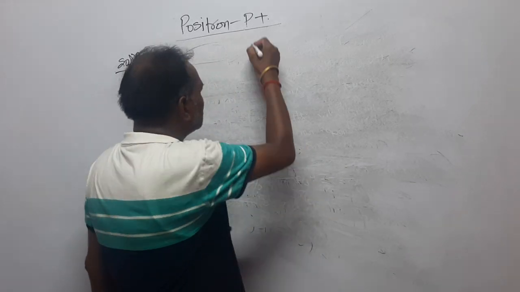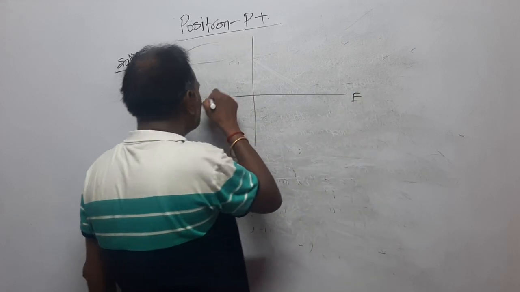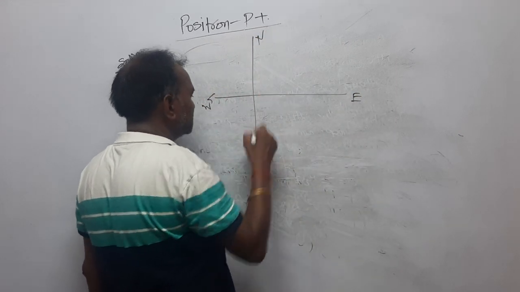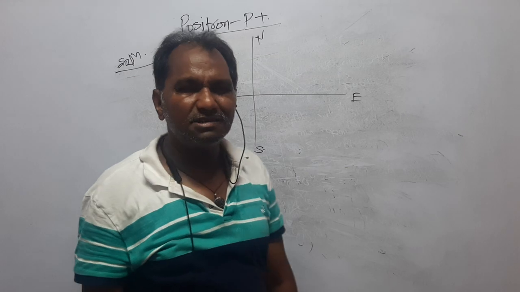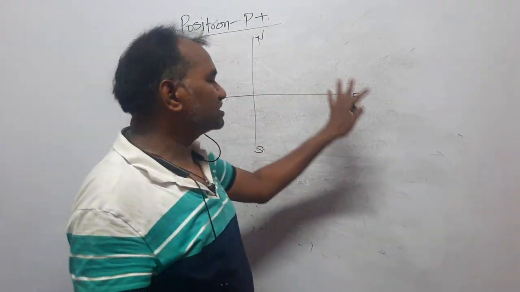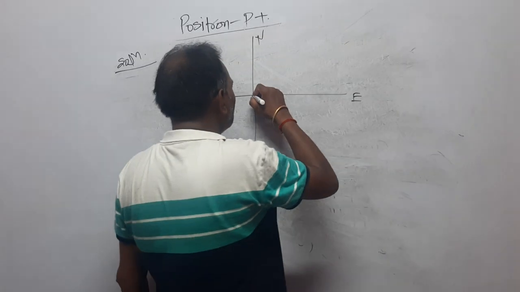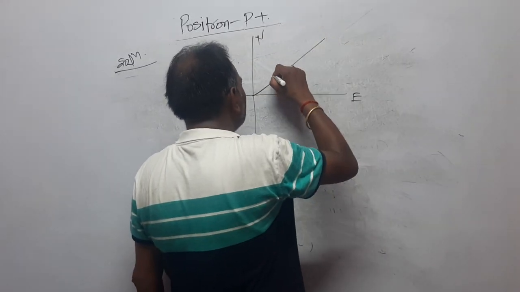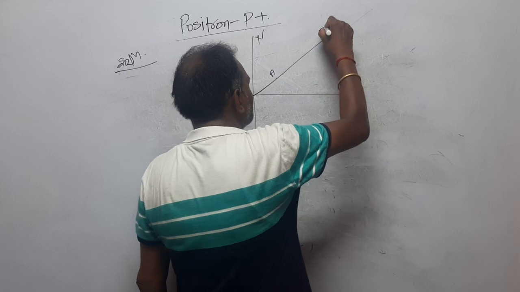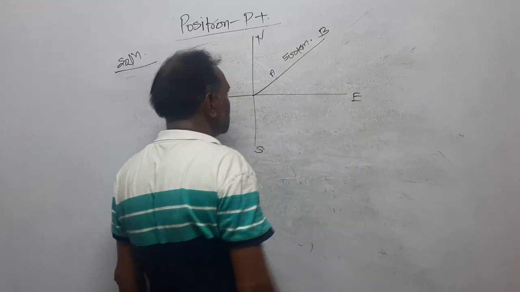Now look here. This is east, this is west, north, south. Whenever there is a question based on direction, first depict this figure. This will help you a lot. You have to move from A to B, that is 500 kilometer apart, right?